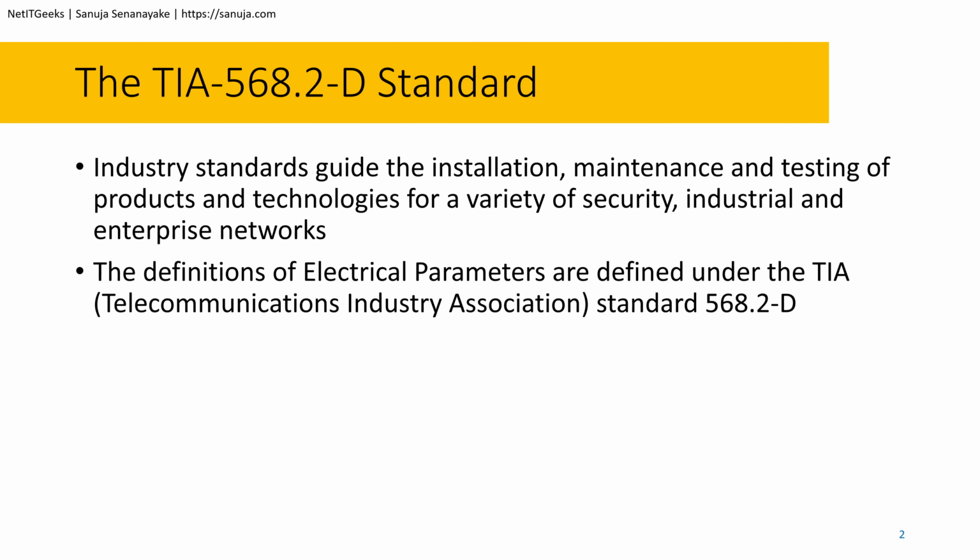The definition of electrical parameters are defined under the TIA, which is basically the Telecommunications Industry Association Standard 568.2-D. So that's why I will be covering these items under that particular standard.